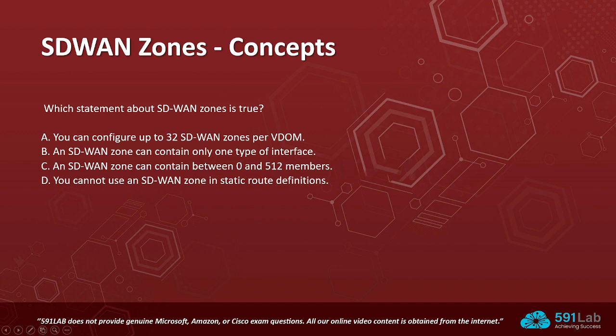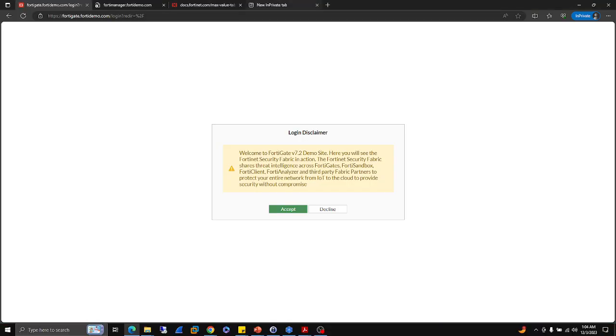let's look at the official documentation because there are some specific parameters that are very difficult to test on labs. For example, you can configure 32 SD-WAN zones in one VDOM, but it's better if you take a look at the official documentation of Fortinet.